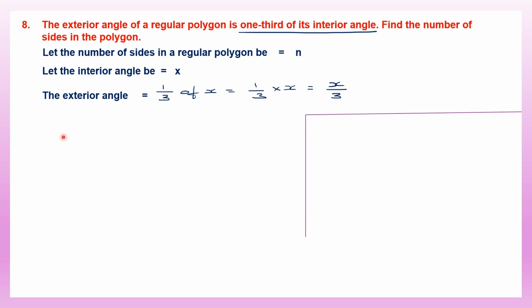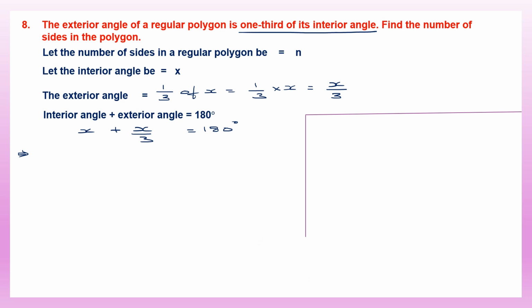So let's use this formula. Interior angle plus exterior angle is 180. So here interior angle is x, exterior angle is x by 3, and together they must add up to 180 degrees. Here, as you can see, these are fractions now.